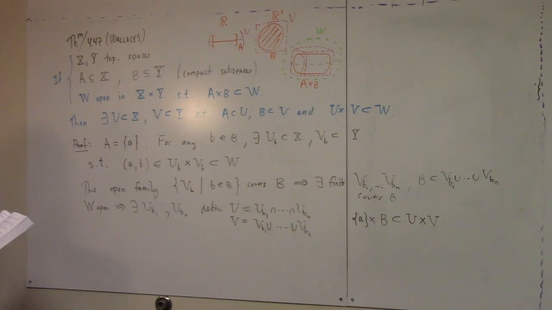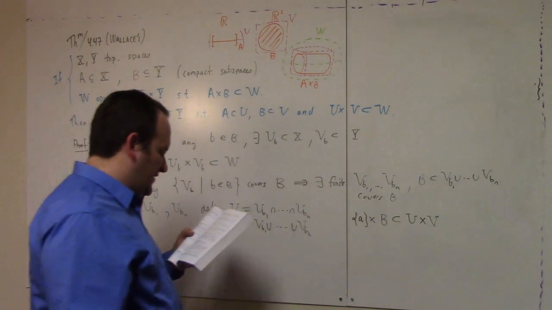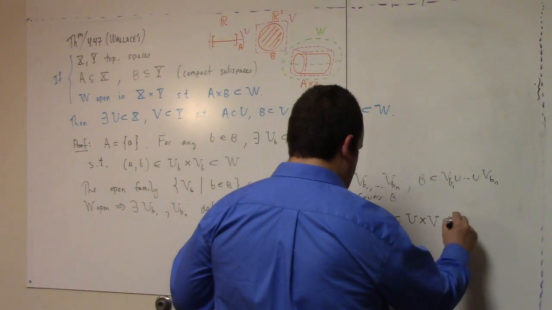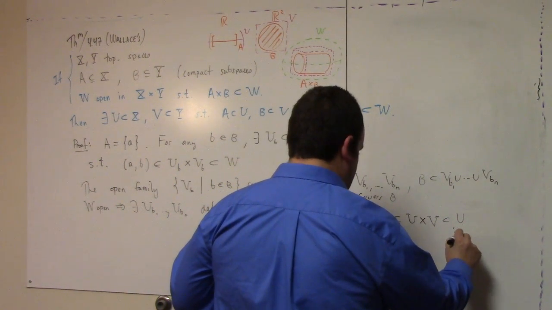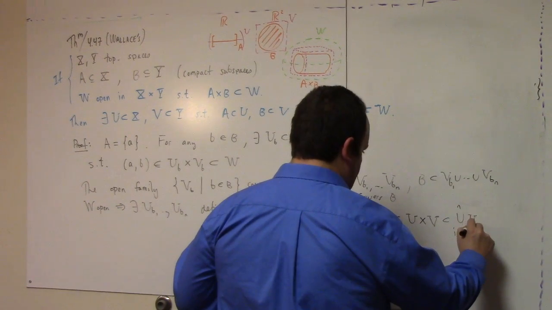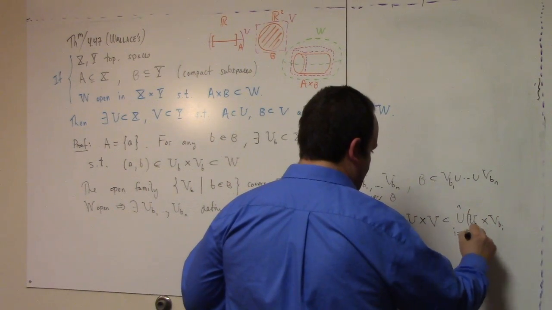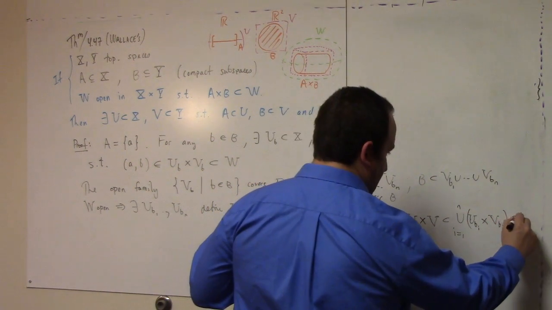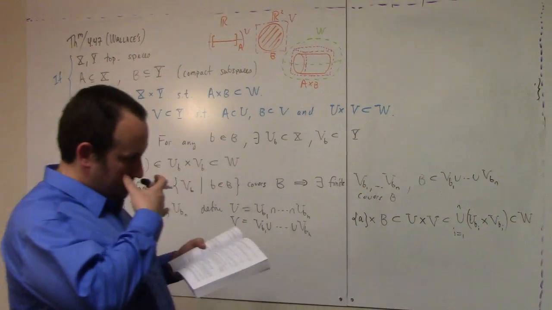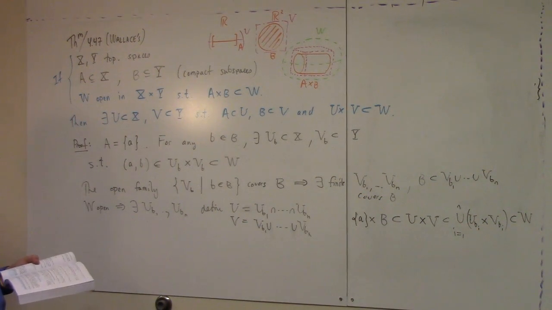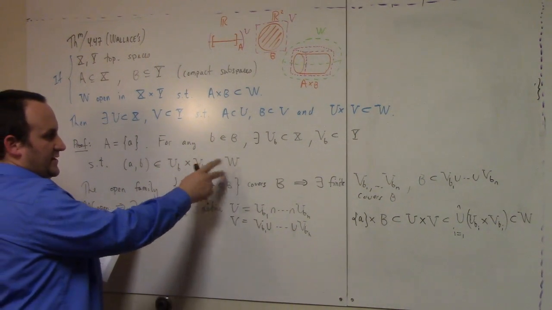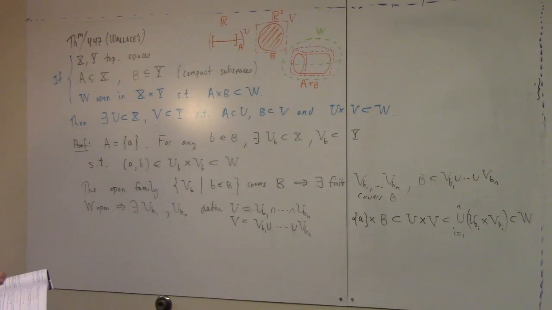And then what we got? Subset of the union. So then he replaces U with its union. So this is a subset of the union, i equals 1 to n, of U_Bi Cartesian product with V_Bi, which he says is a subset of W. Now that's by construction, because each one of these is a subset of W, so if you take the union of them, they're again a subset of W. So what's that get us?